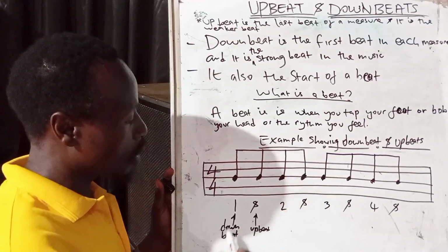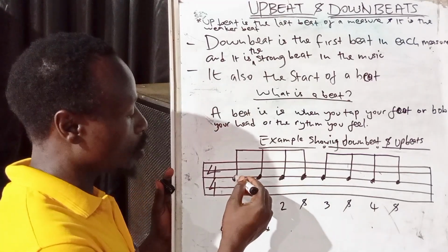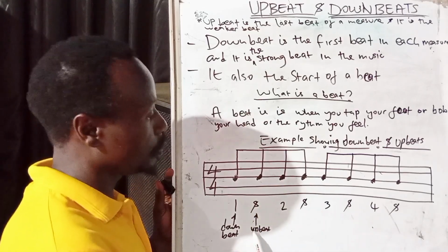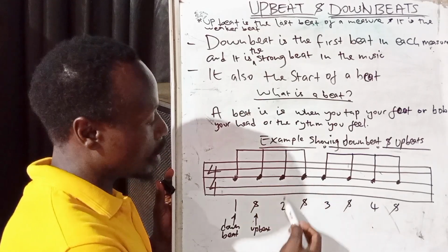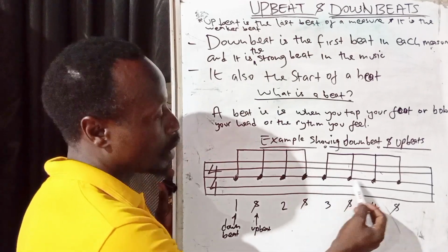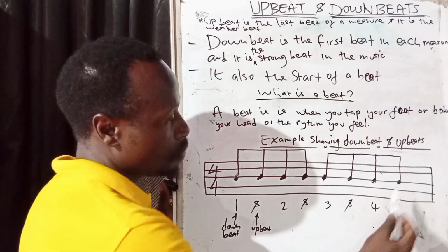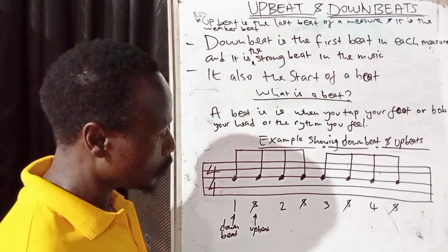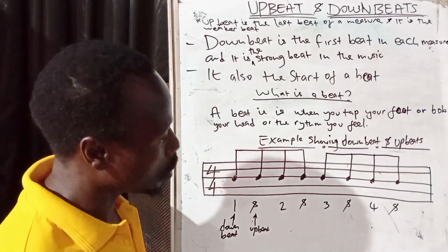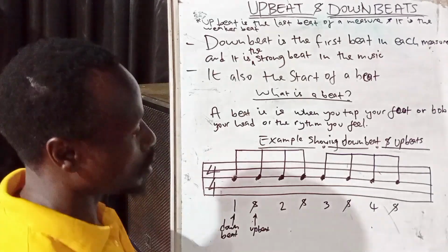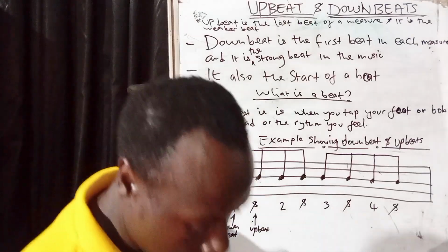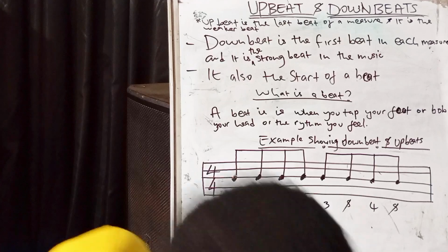The downbeat is on the first note, and then the "and" gives us the upbeat, followed by another downbeat, another upbeat, downbeat, upbeat. Okay? So I'm going to go to the piano, and I will demonstrate this on the keyboard.